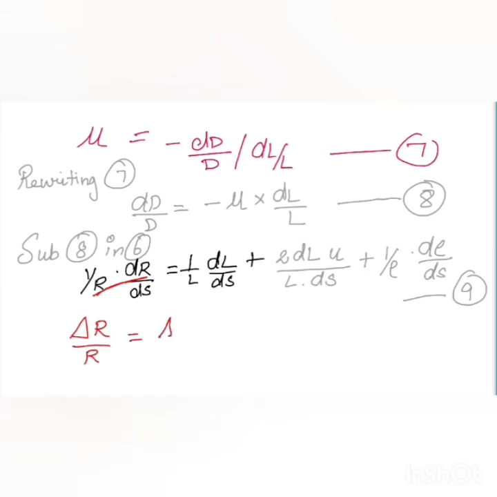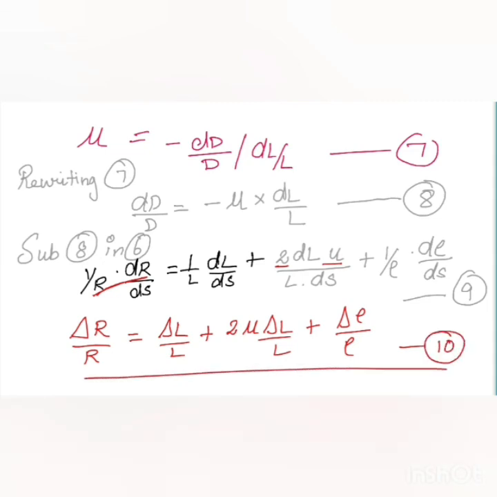And similarly here del L by L, but we have 2 and mu, so 2 mu del L by L, and plus del rho by rho, right? So this is equation number 10.